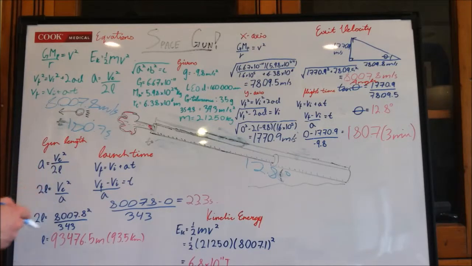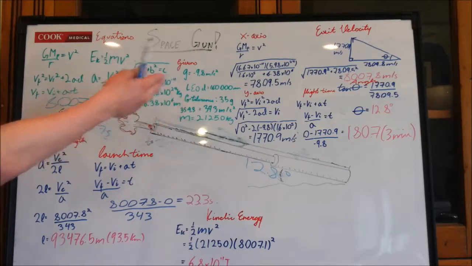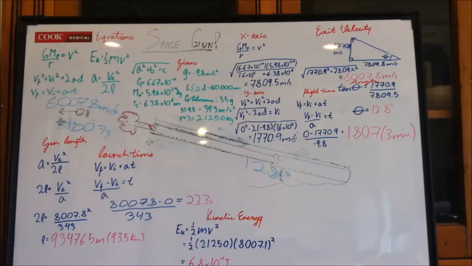We're going to plug in the velocity we found from here, which is 8,007.8 meters per second. That's going to be over A, which is going to be our parameter, our maximum acceleration, which is going to be the human G tolerance, 343 meters per second squared, our assumed human G tolerance. That is going to give us a length of 93,476.5 meters, which is about 93.5 kilometers, which is very, very, very big.